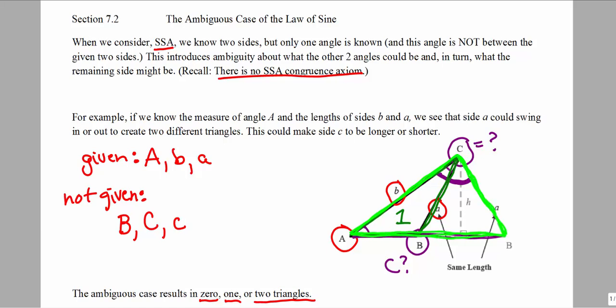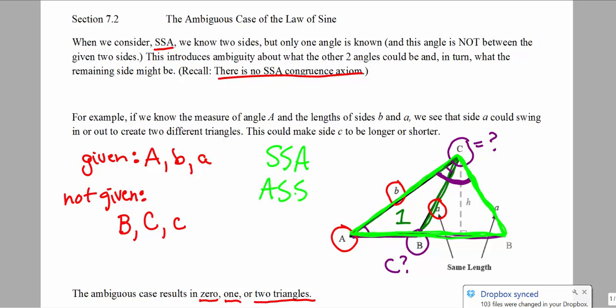So there's two possibilities based upon angle-side-side. So we call it side-side-angle, or angle-side-side. If we're given the information in this order, we have what we call the ambiguous case. We're going to examine the possibility of having 0 triangles, 1 triangle, or maybe 2 triangles, based upon the information that we are given with side-side-angle or angle-side-side.